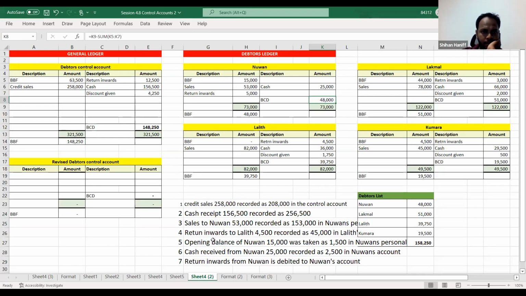Right. Let's do a reconciliation then, because it's a basic thing. Okay, sir. Let's move. Good.